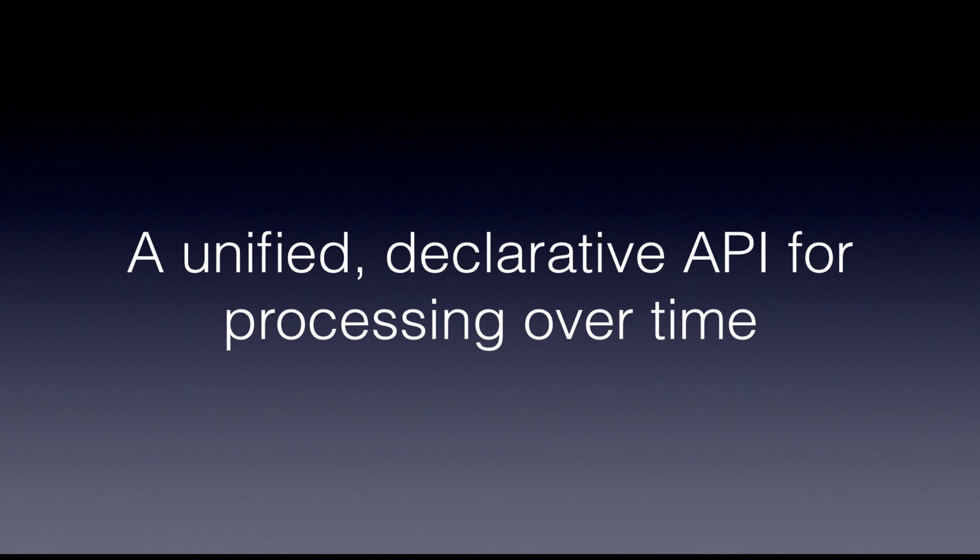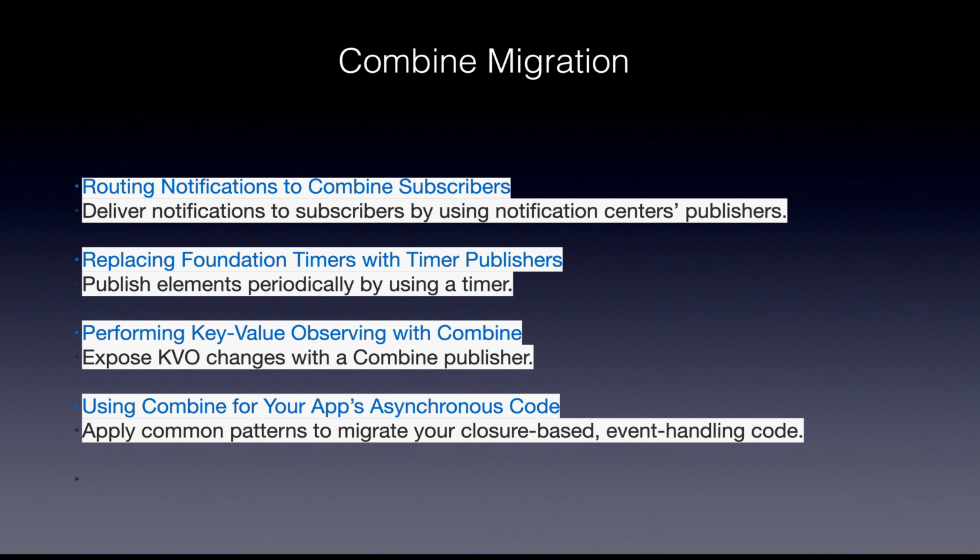So the Combine framework defines a unified declarative API for processing values over time. This unified API defines some asynchronous interfaces to the foundation types, so the foundation types expose their functionality to Combine.